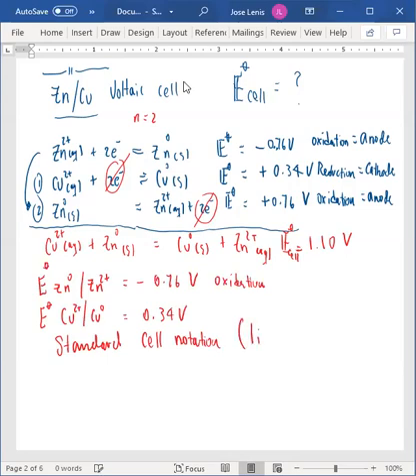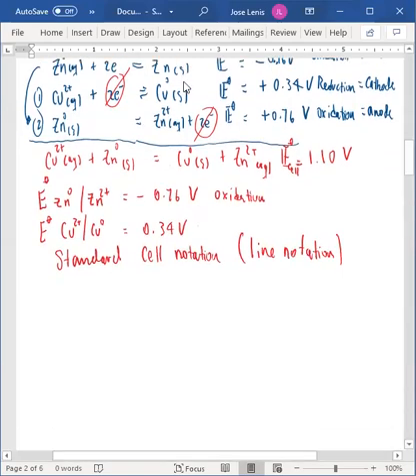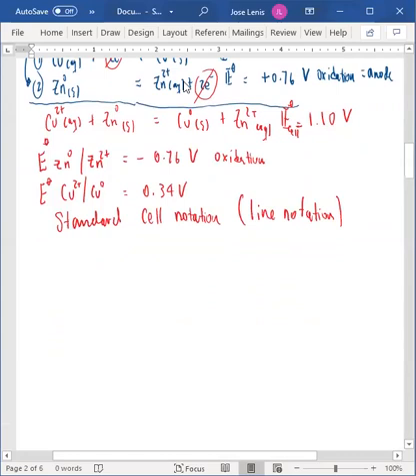It is also called the line notation to represent what is happening in the cell. And that will represent also the equation. This is the overall equation. So let me show you using a graph.